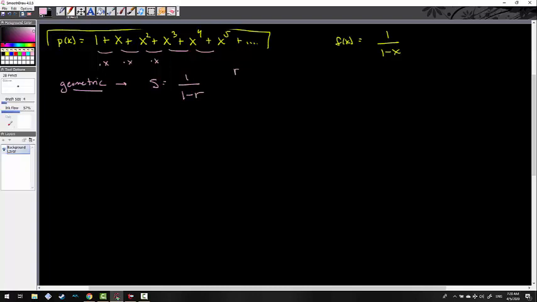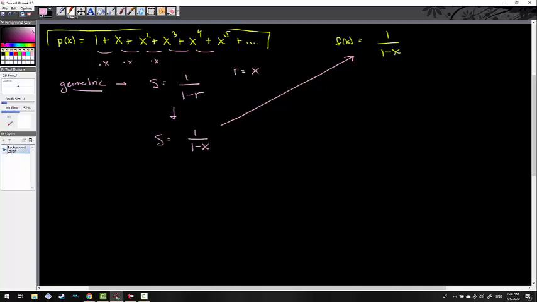In this case, r is equal to x because I am multiplying by x every single time to get to the next term. So what this ends up becoming, and I think you might see this, is that s would be 1 over 1 minus x. And we are back to where we started. This polynomial is a representation of this function.